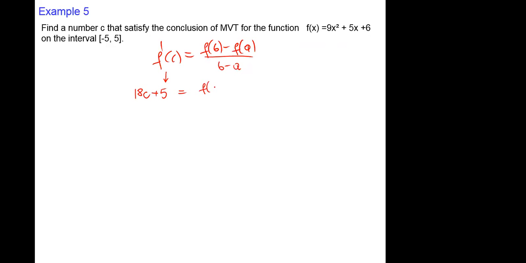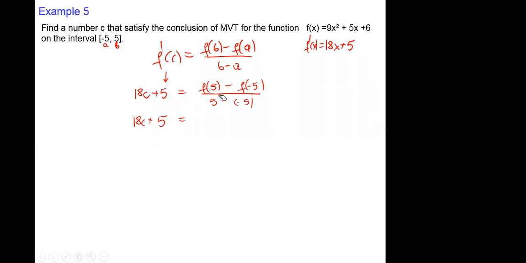And I can put the values f of 5 minus f of negative 5 over 5 minus negative 5. a and b are negative 5 and 5 respectively. And 18c plus 5. Do you know where the 18c plus 5 comes from? I don't want to jump too fast. Yes, derivative, thank you. 18x plus 5, but I use the c.